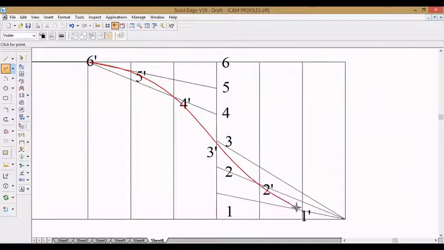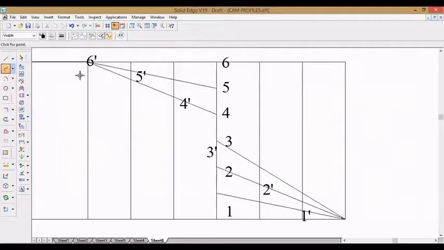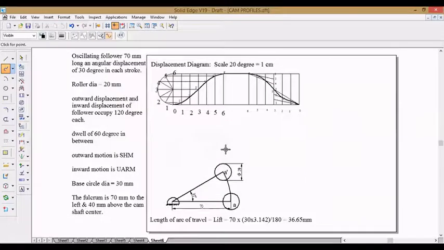We'll get the displacement diagram. So once you complete this displacement diagram, now let's move on to the cam profile.